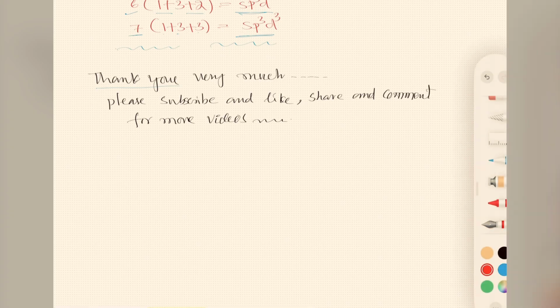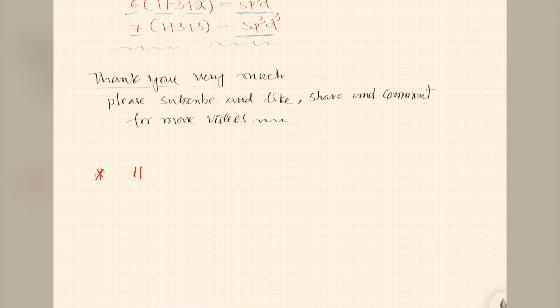And I will give you one more question. You can find the hybridization of these molecules and comment. Okay, this is homework for you. What is the hybridization of SF4? What is the hybridization of SF6? What is the hybridization of SCl2?